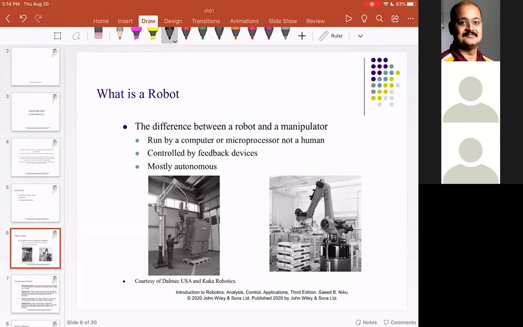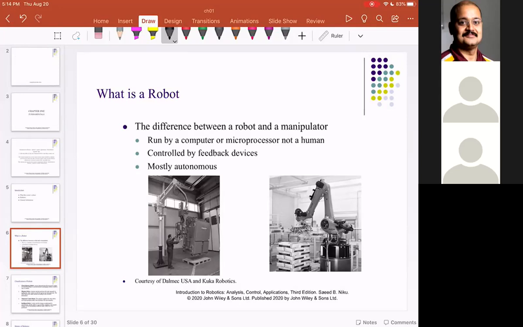Then there is something called perception. How does the robot know where it is, or how the environment around the robot is changing? That is called perception. Then how do we localize? How do we know where the robot is at a given point of time, or what is in the vicinity of the robot?